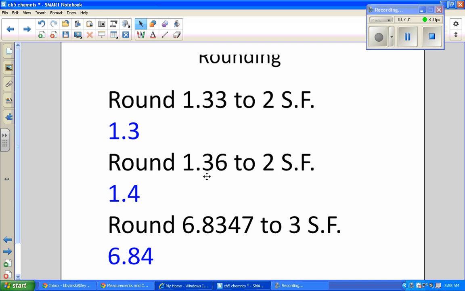And then in my last example, this is kind of like a domino effect. I want 3 significant figures. The 7 is greater than 5, so it rounds the 4 up. 4 is now 5, and that rounds the 3 up, so this final answer is 6.84. That's 3 significant figures.